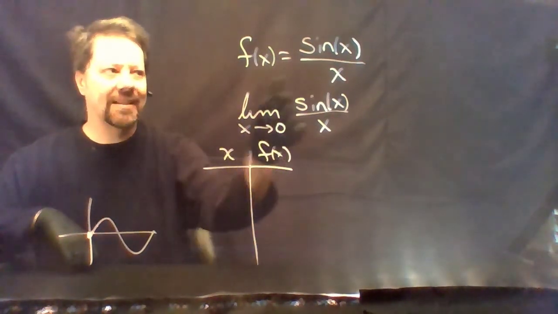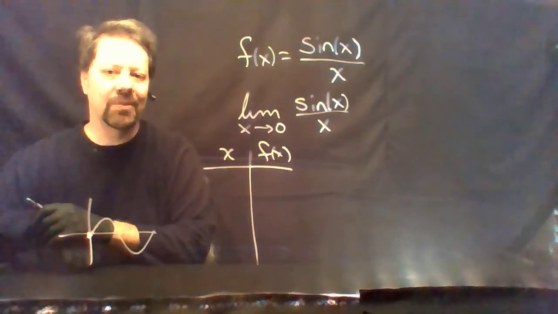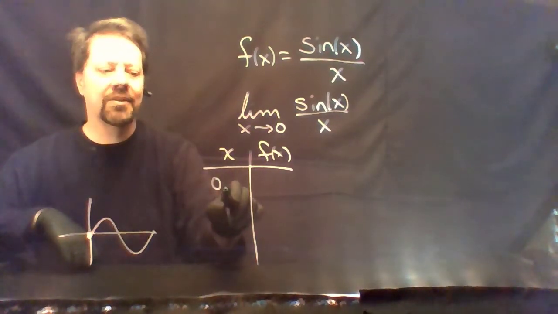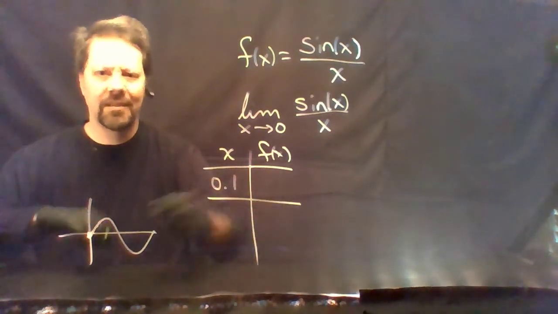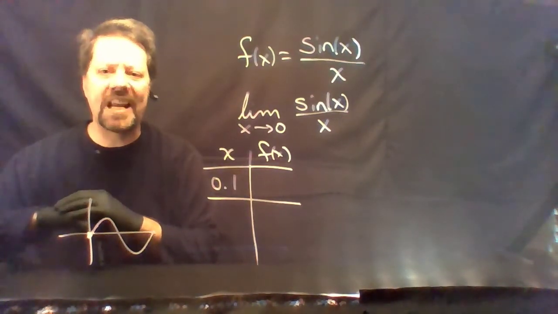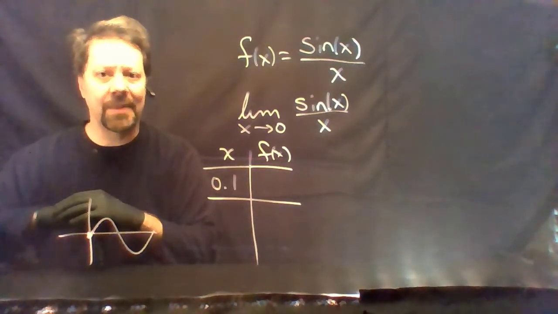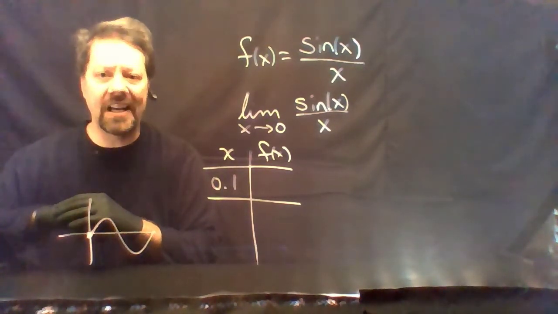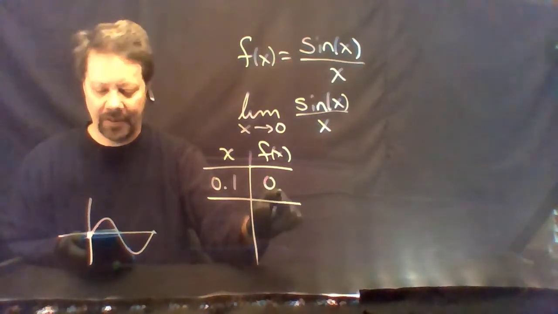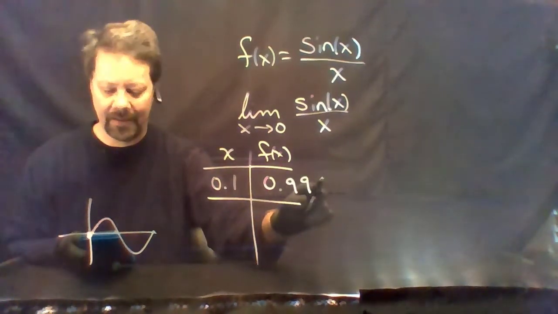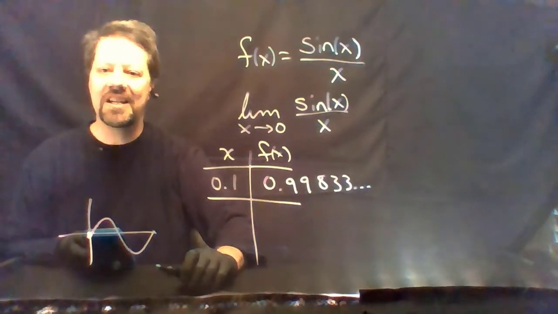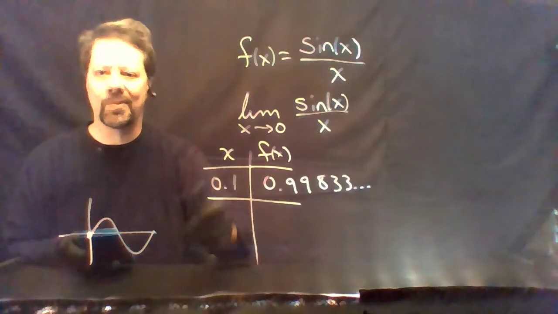So I'm going to plug points into this function that are near x equals 0 and see what happens. Points like 0.1. We will need our calculators for this exercise, but make sure your calculator is in radian mode. Calculus, and especially limits, are done in radian mode. My calculator is giving me about 0.99833, etc. Let's try a number closer to 0 than just 1/10.